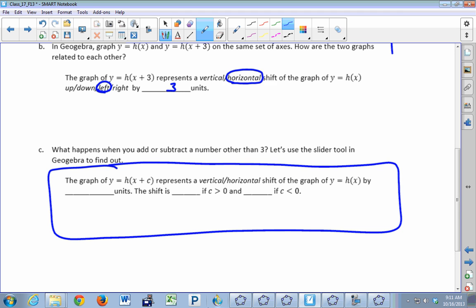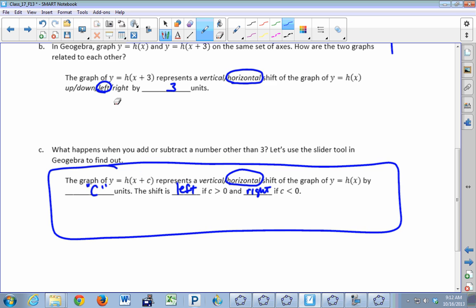It's got to be a horizontal shift, a horizontal shift of h of x by c units. Here's the counterintuitive part. When c is a positive number, the shift is to the left. And when c is negative, less than 0, it's to the right. So that's your horizontal shifts.